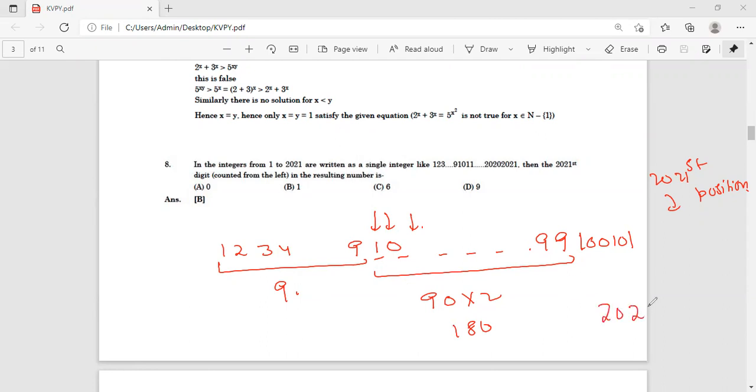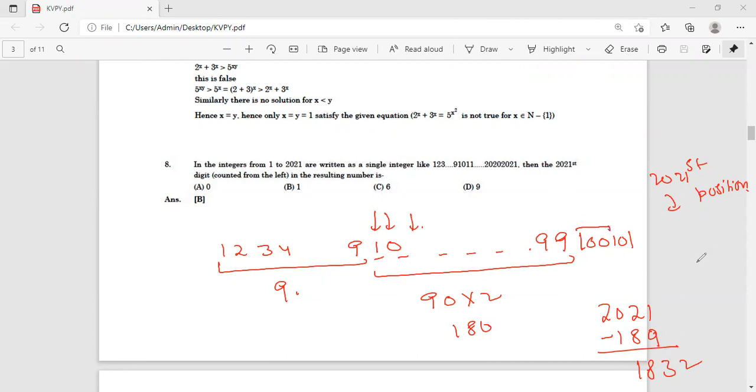So 2019 minus 189 is how much? 1830. So here every number will have 3 digits.